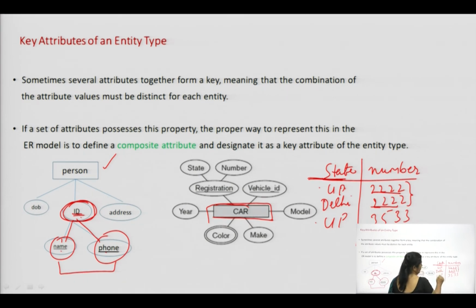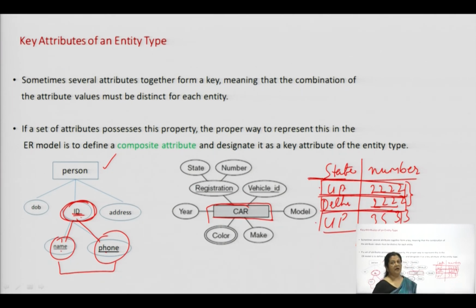But if we look at all these 3 rows, we will see that state plus number will always give us a unique value. Hence, we say that state and number together will form the key.